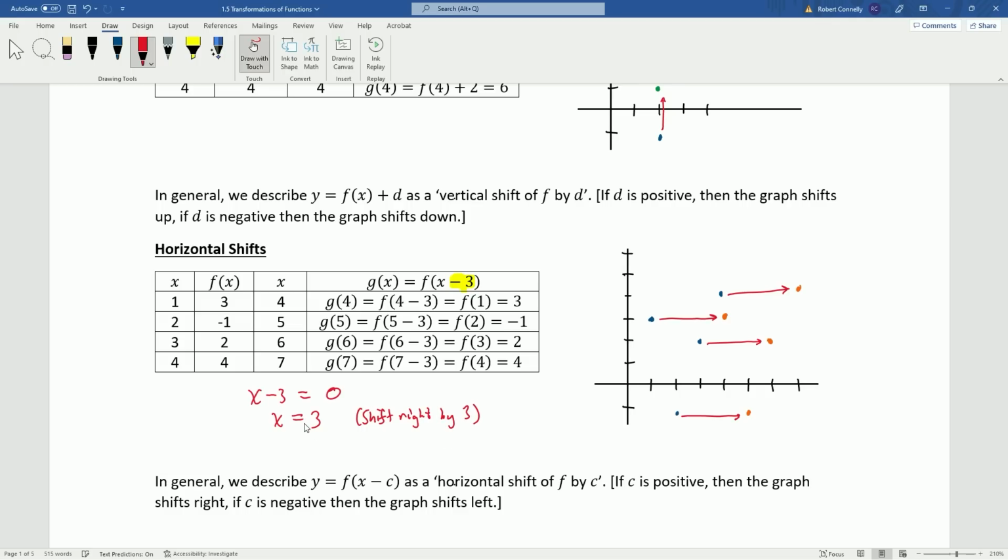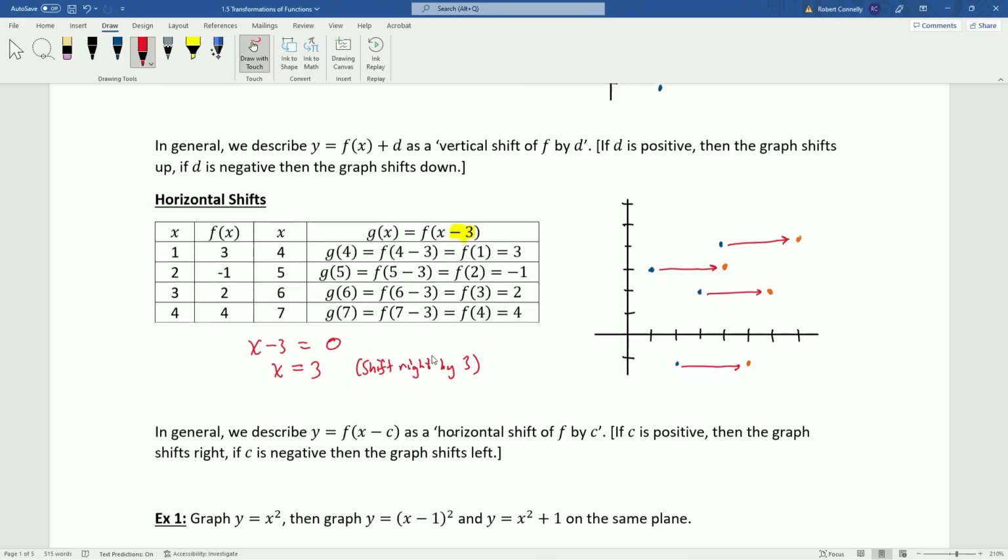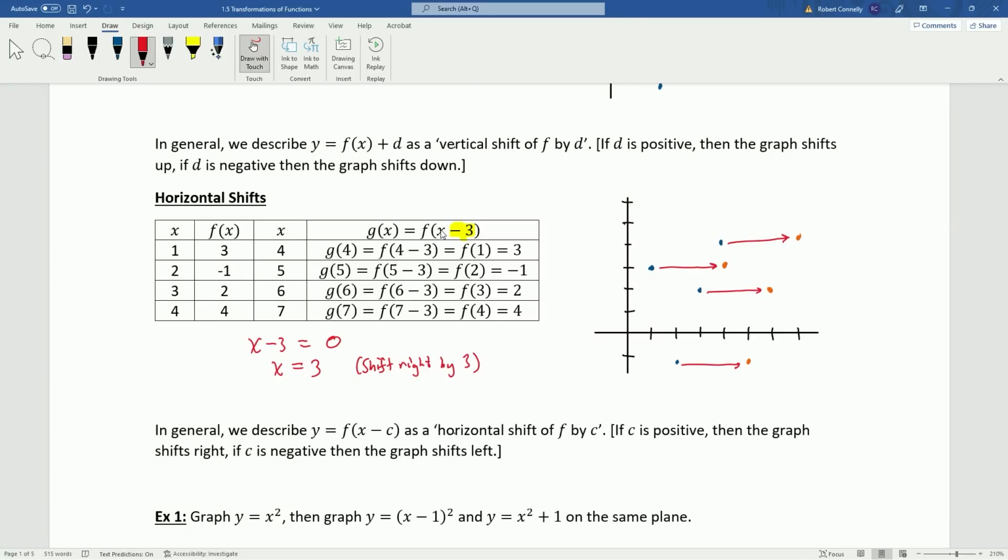Now, this is an important thing to distinguish, because if we had something in front of this x, like 2x minus 3, the shift would not be 3. By solving the equation like this, we always get the correct shift, regardless of whether x is being multiplied by anything. We can avoid having any confusion there. But in the simple case where it's just x minus a number, you shift right.